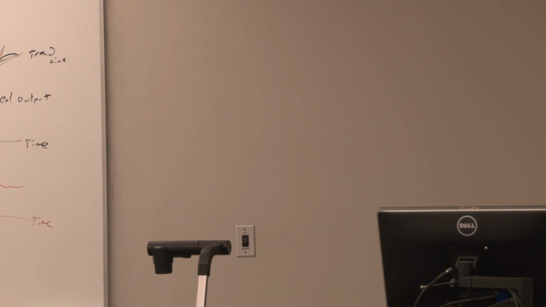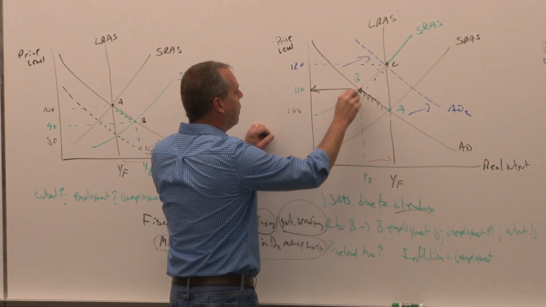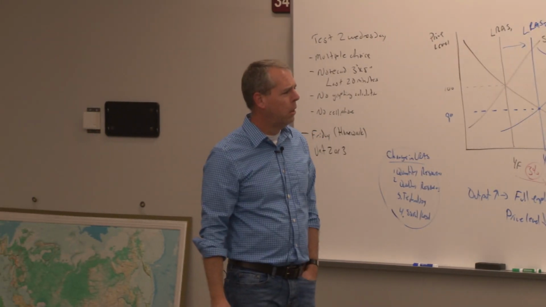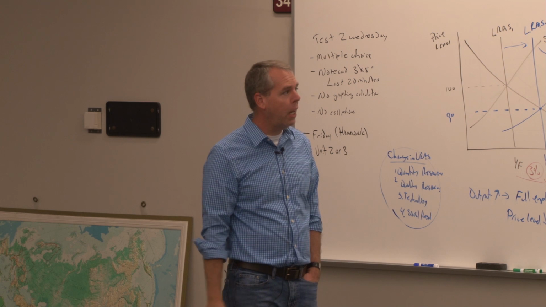The oil embargo, the 70s are not known as periods of fantastic economic growth. In fact, they're known as periods of stagflation, right? High inflation, high unemployment. The economy is stagnated. And the Keynesian model says you can't have stagflation.